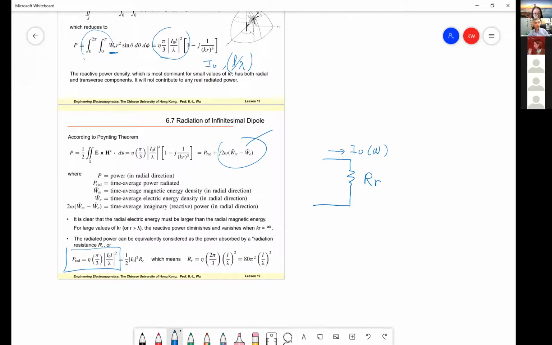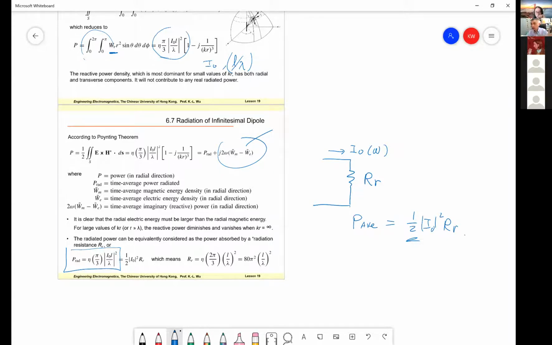Okay, what is the average power? The average power is one half, right? Where does the one half come from? It is also the time average. If you forget, go back and review your circuit theory textbook. You must have this one half.